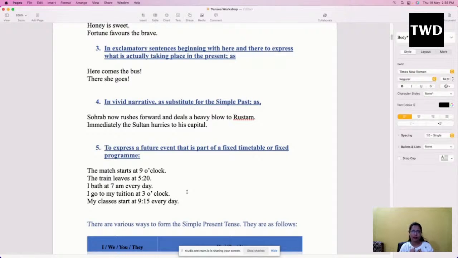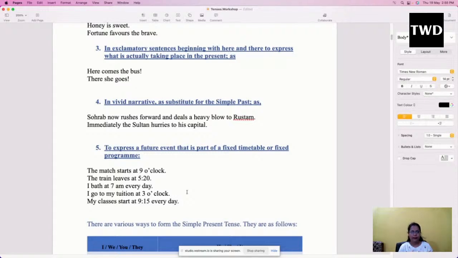Your homework is to think and write about your daily activities, whatever activities you do daily. Think about it and then write. Remember that the structure should be subject and verb, and another thing, your verb should agree with the subject.